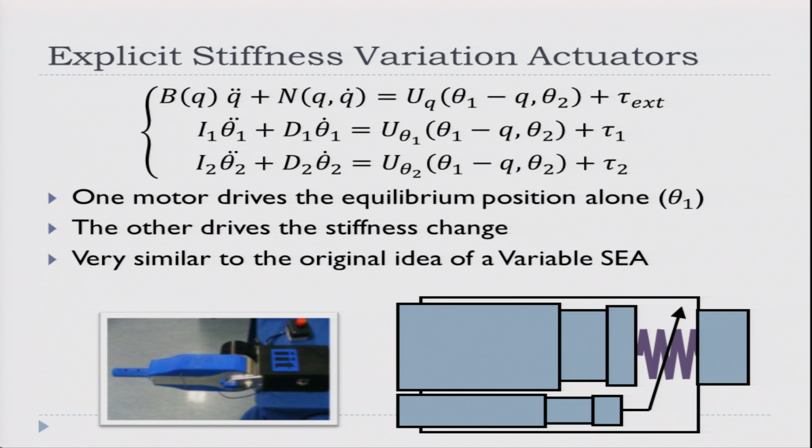So you have a big motor that controls the equilibrium position of the system, like it was in the SEA, and then you have another motor which somehow changes something inside the spring so that the stiffness changes. This translates into U changing its shape and becoming like this. Instead of being a generic function of the three parameters, U is a function of the displacement between Q and theta 1, because essentially theta 1 is the equilibrium position of Q.